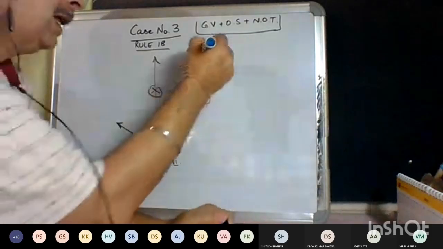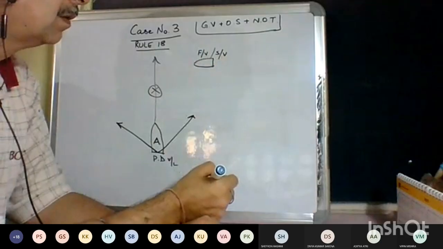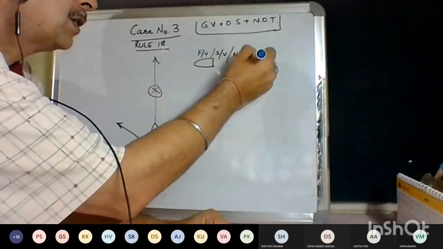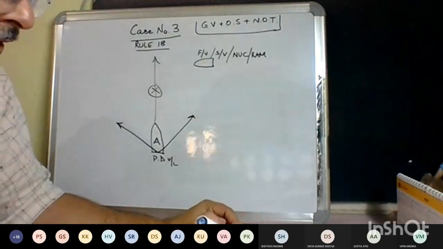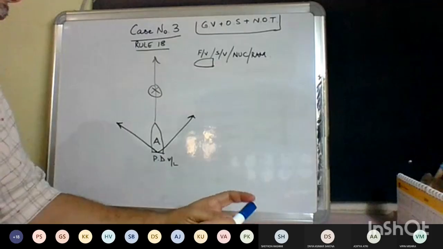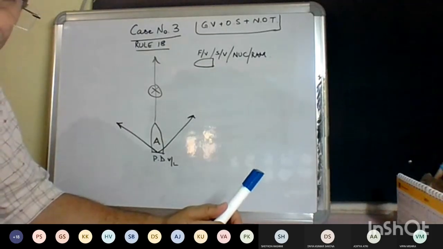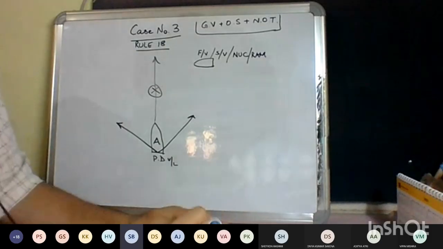The same story will apply if this is a sailing vessel. The same story will apply if this is an NUC, and the same story will apply if it's a RAM. Is that okay? Yes. All of this is as per Rule number 18, Rule 18(a), duty to keep clear.